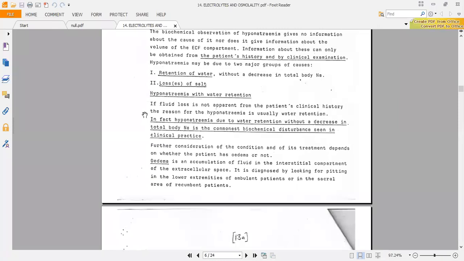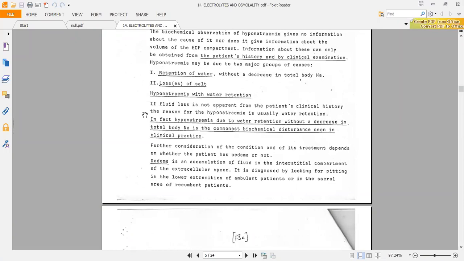Good. Now, such people, okay, we can classify into two: those with hyponatremia with water retention. We can classify them into two.